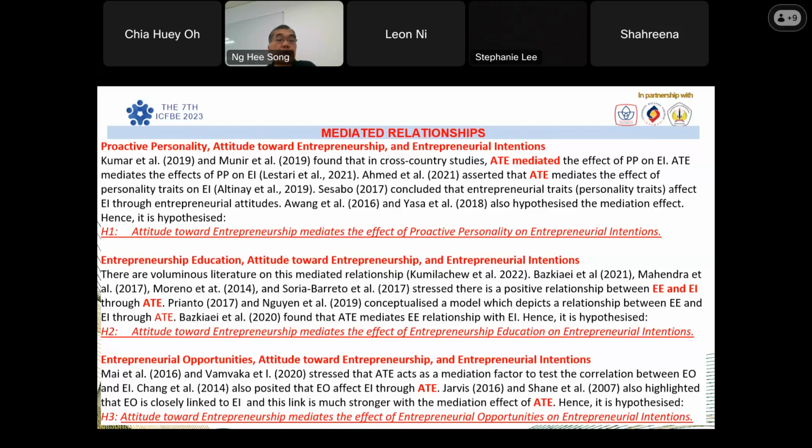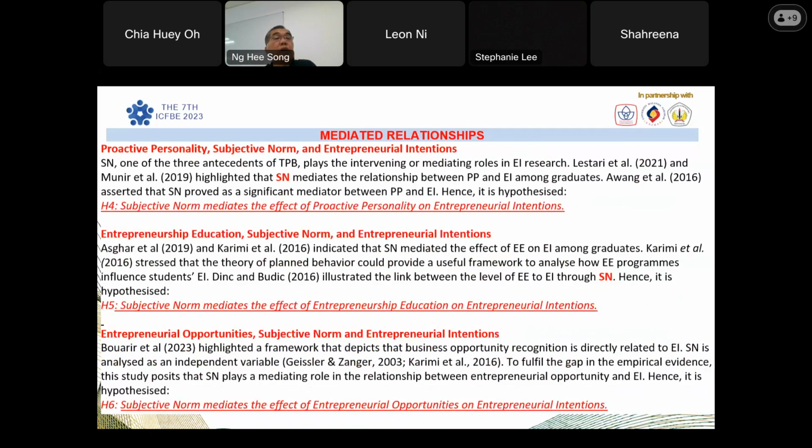H4 talks about subjective norm, the influence of people important to you, who can be friends, family members, or your immediate brother and sister. I also hypothesize that subjective norm will mediate the relationship between personality and intention, education and intention, and also opportunity and intention.